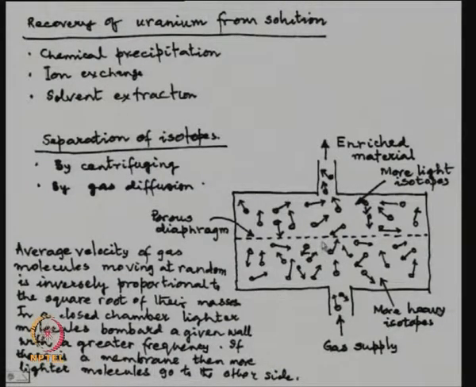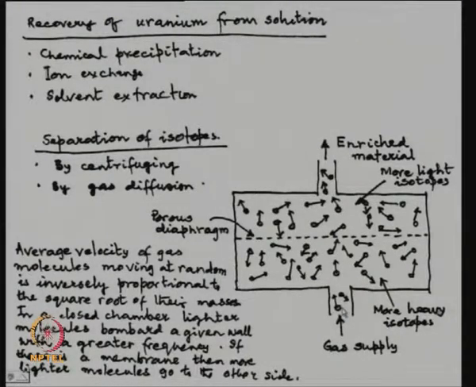But eventually, after a while, the lighter atoms will more selectively go through the pores in the diaphragm, and the gas that goes to the other side will be richer in lighter isotopes.